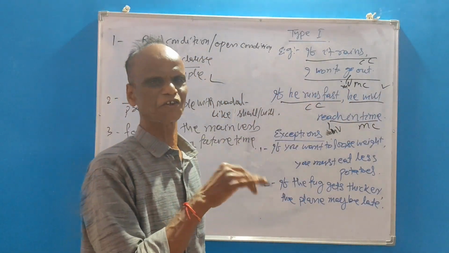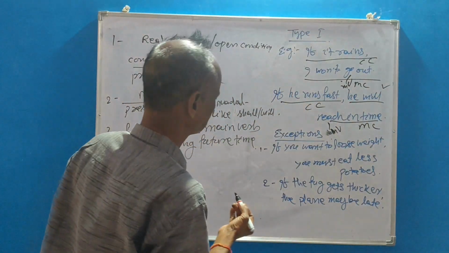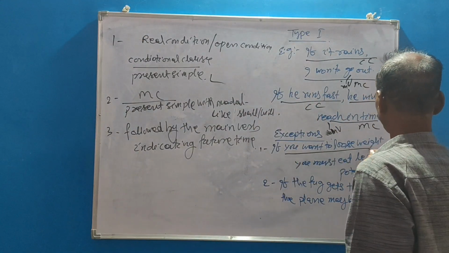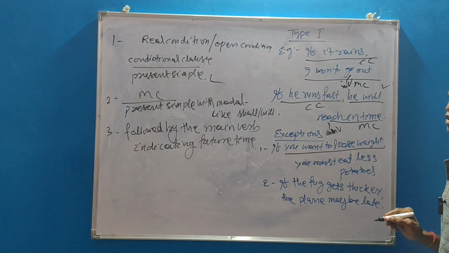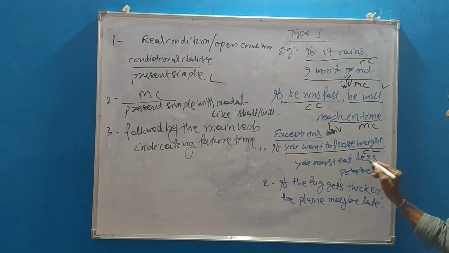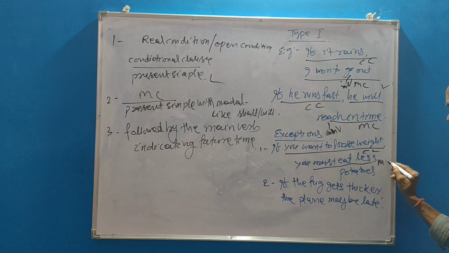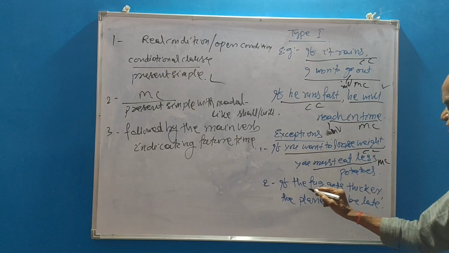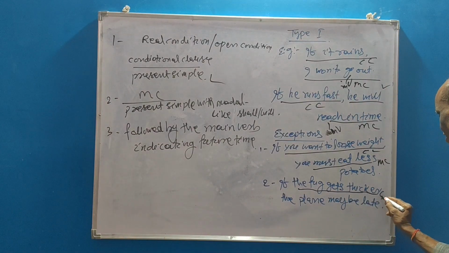But there are some exceptions. Something doesn't follow the general rule. That is, if you want to lose weight, you must eat less potato. This is the conditional clause. This is the main clause. If the fog gets thicker, conditional clause.